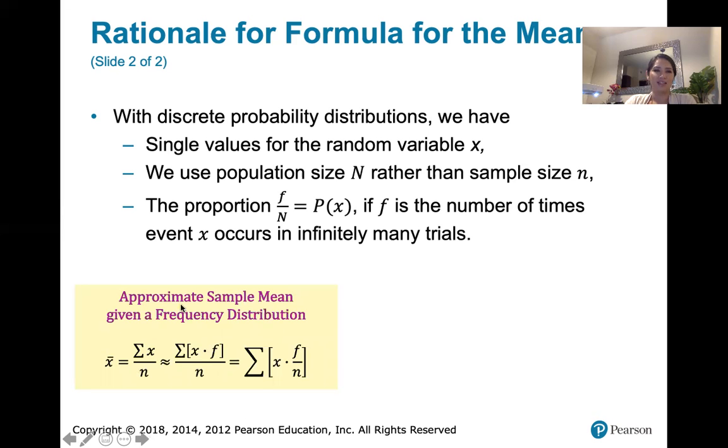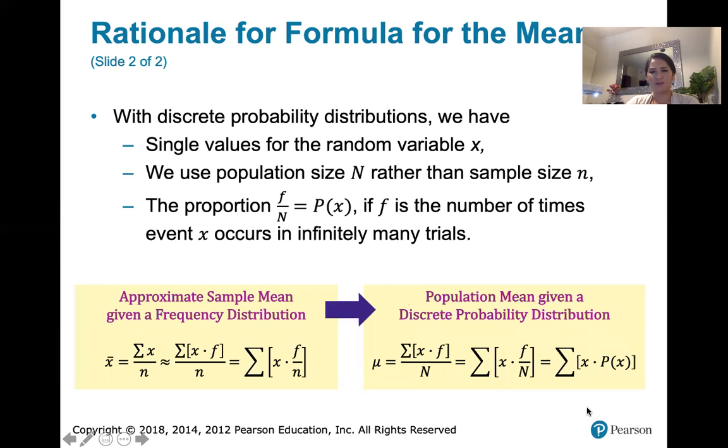So we've got this approximate sample mean given a frequency distribution over here. If we replace the sample size lowercase n with the population size capital N, and if we think of this x value as the value of our random variable rather than the class midpoint, what we get is this expression over here.